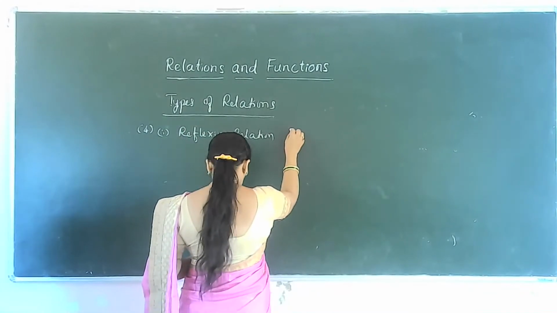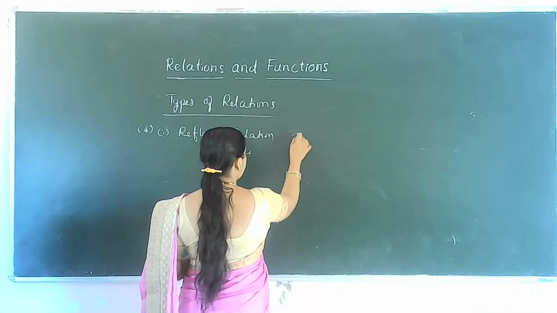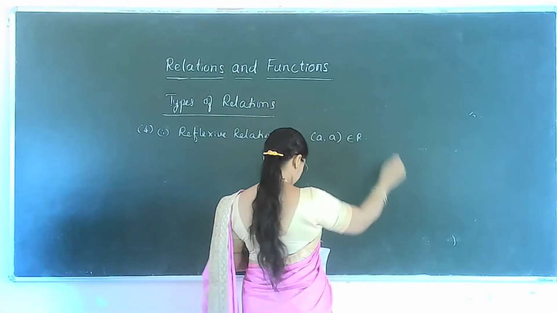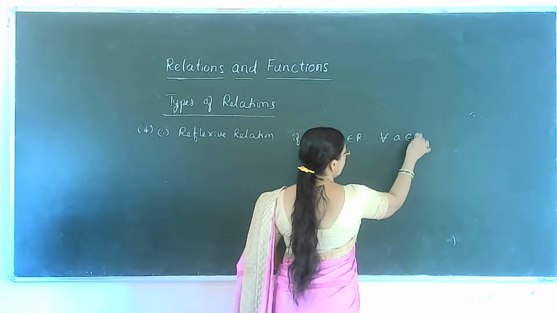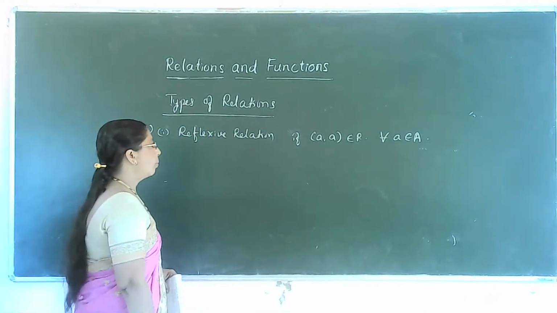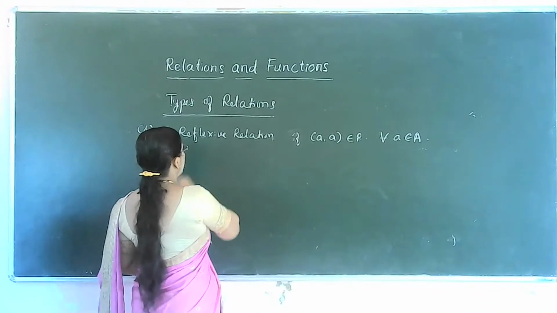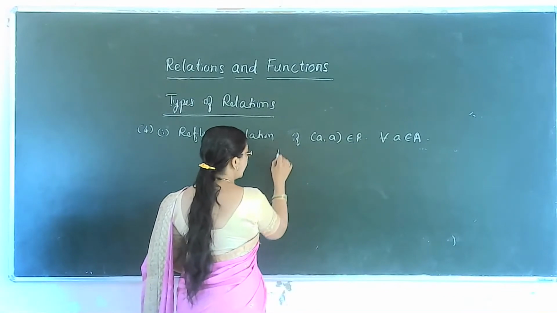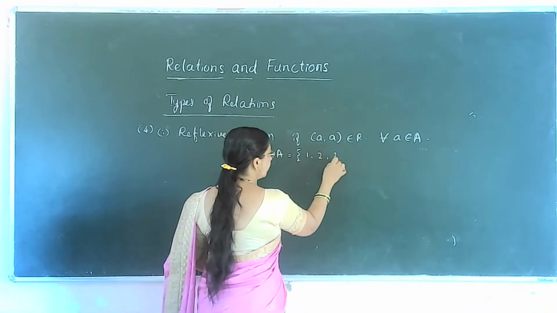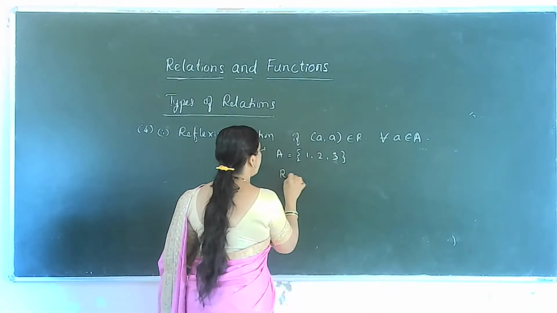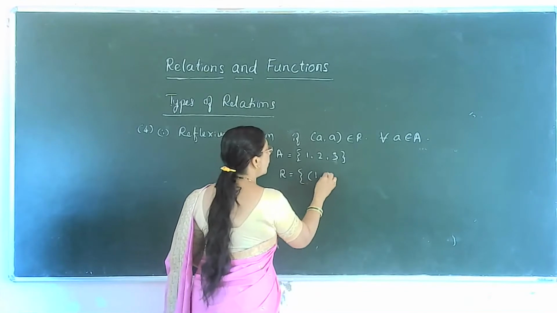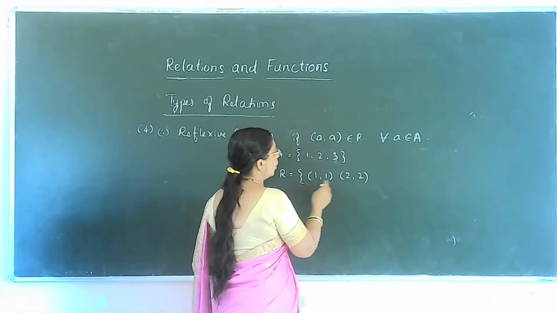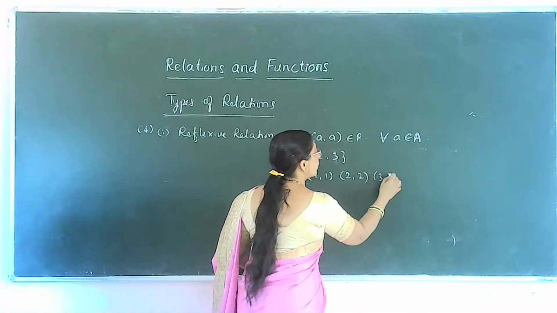Here, for all a belonging to A, if (a, a) belongs to R, for all a belongs to A. Here, we have to write, if A is a set {1, 2, 3}, then R is a reflexive relation if every element of A is related to itself, (1, 1) and so on.